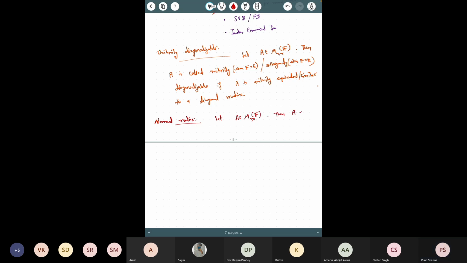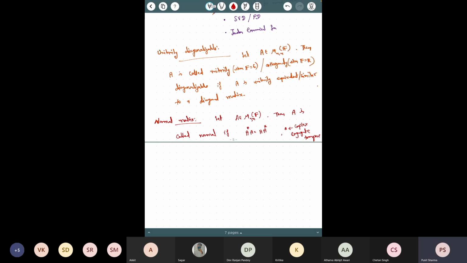Then A is called normal if A star A is equal to A A star, where star is the complex conjugate transpose.